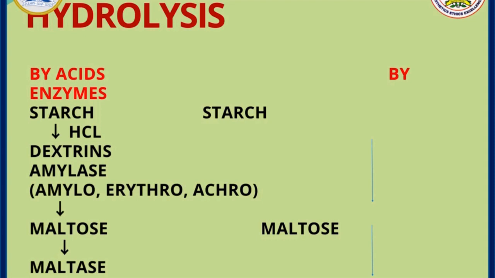The starch will form glucose not by a one-step reaction but step by step through the formation of maltose. Starch first forms dextrins. The different dextrins formed during the hydrolysis of starch are amylodextrin, erythrodextrin and acrodextrin, which give various colors with iodine.